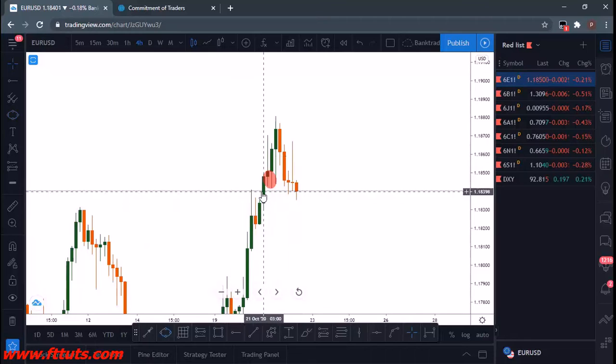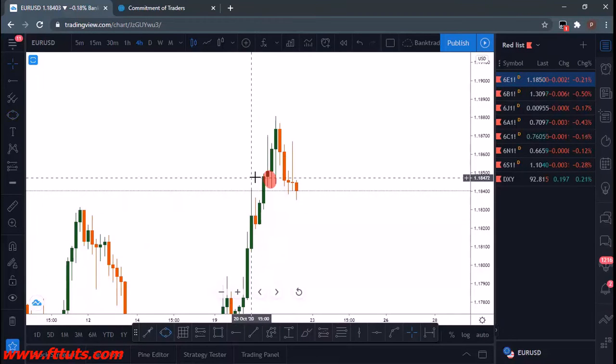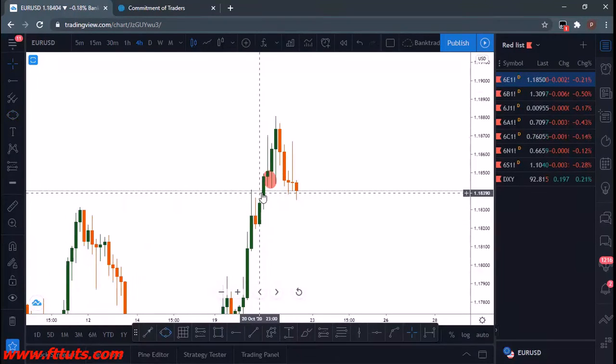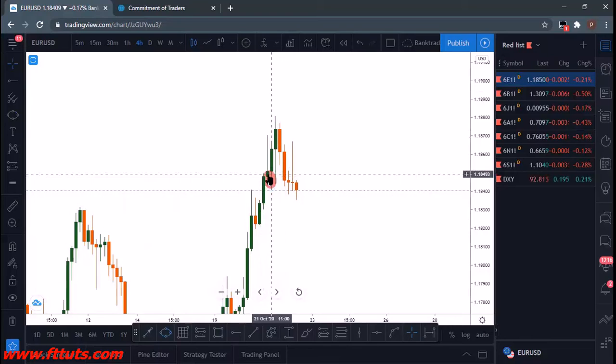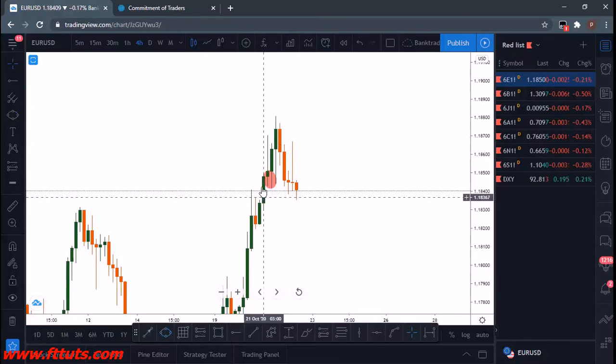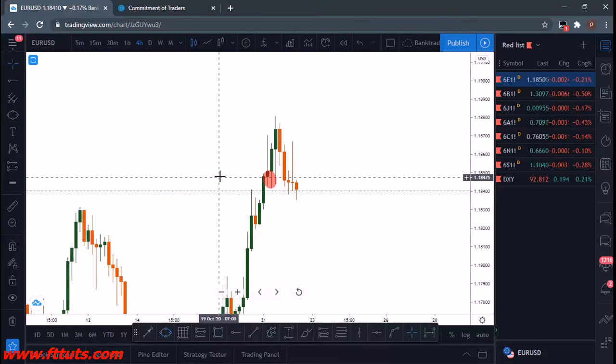When you have a bigger candle here, see how big this candle is, a big momentum candle, followed by a small candle. We're not focused on the wick, only focused on the body. So you have this nice peak.